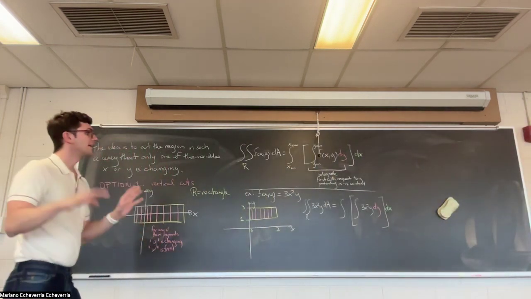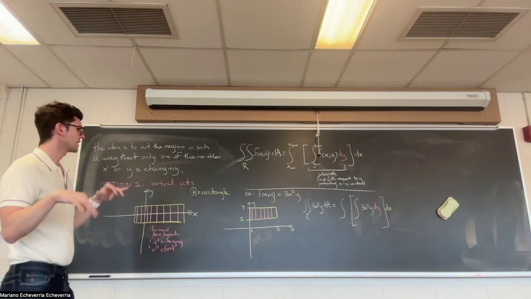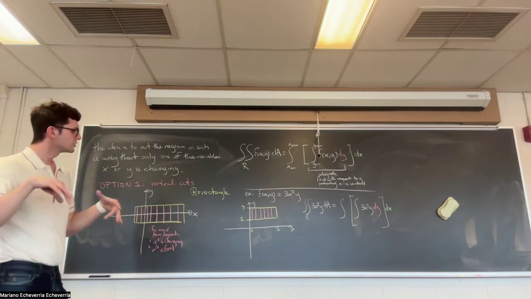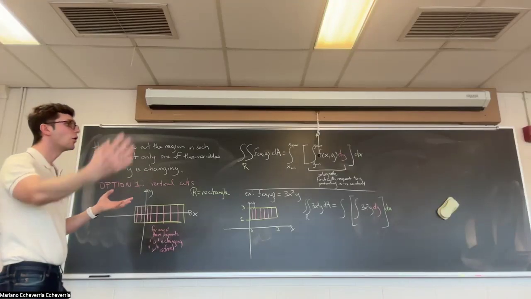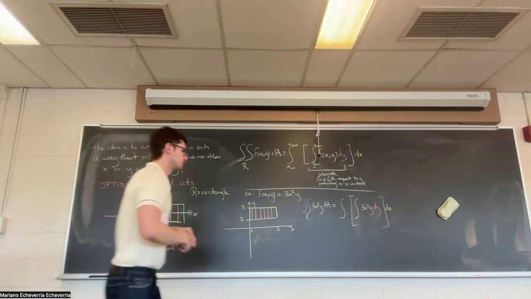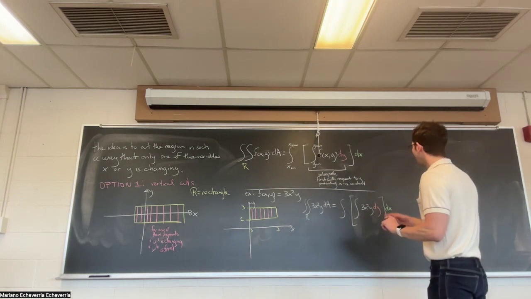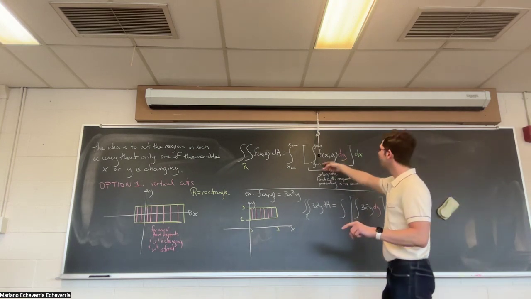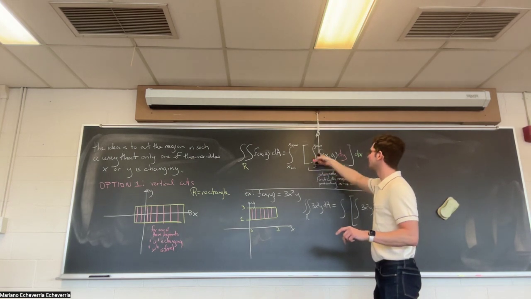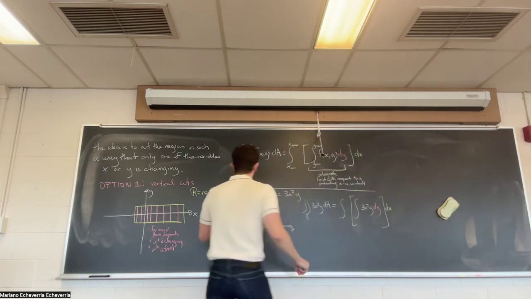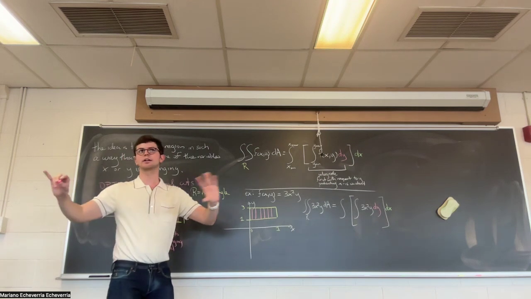And as I mentioned at the beginning of the class, all these integrals for us are definite, so they always have bounds. So you have to put the y values and the x values. So the y values are the smallest and largest value that y takes in this region. Again, because we're working first with rectangles.